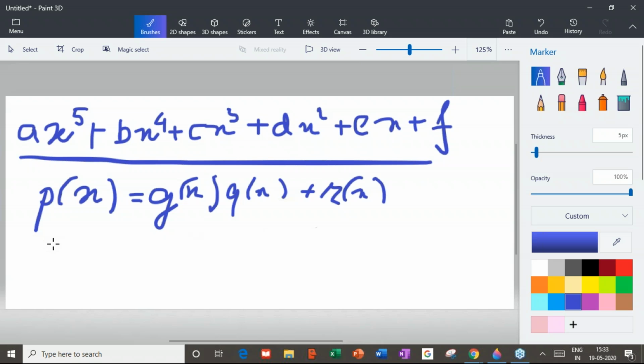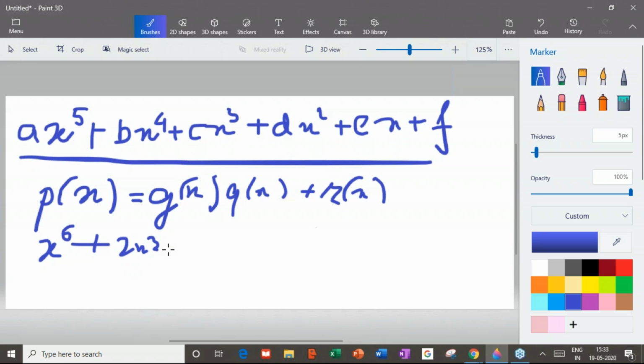Here P of X is x to the power 6 plus 2x cube plus x minus 1a. Here a is just any variable, so don't focus much on the a part. P of X is of degree 6, the highest degree in this equation.